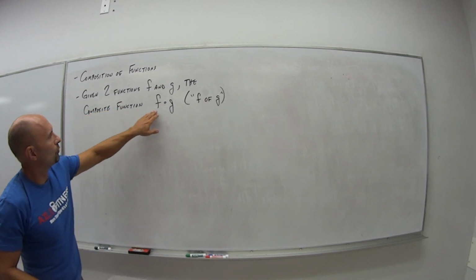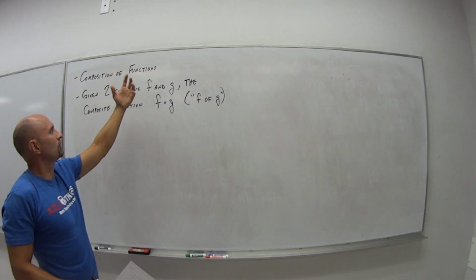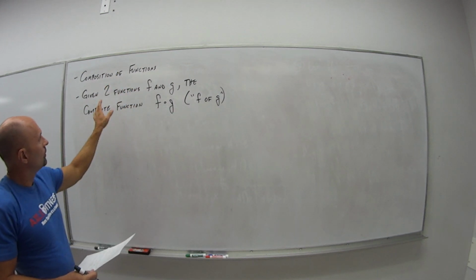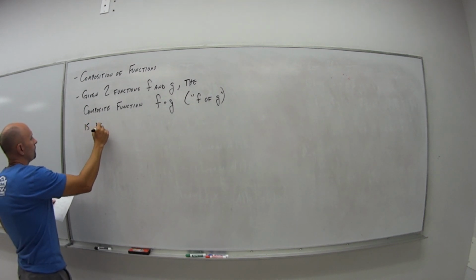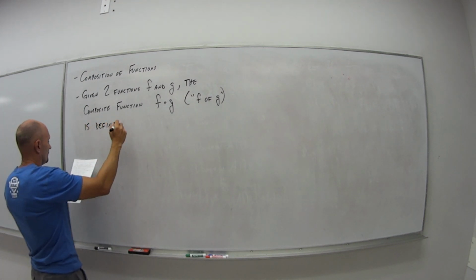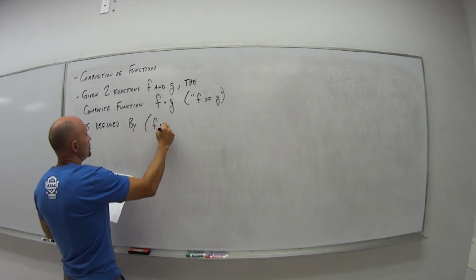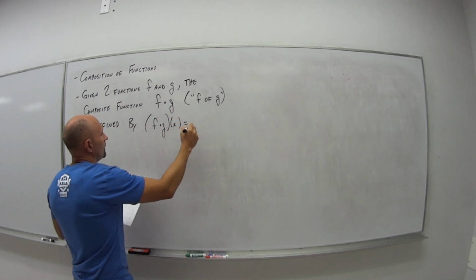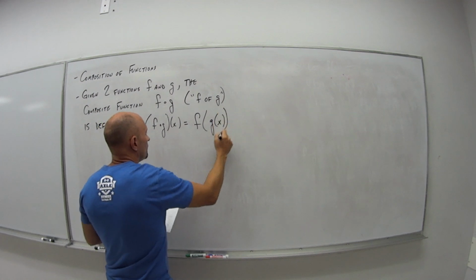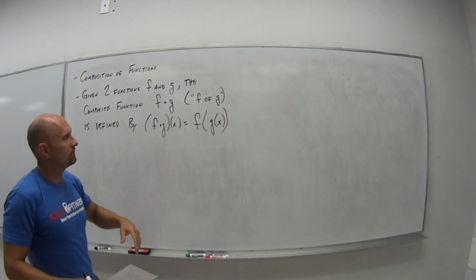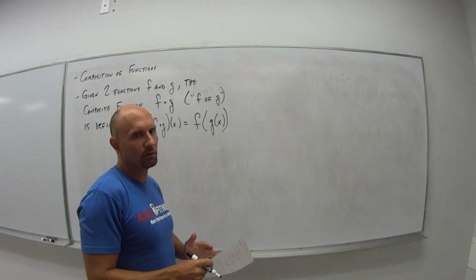So when we see this notation, f with a little circle g, it means the composite function. The composite function f of g is defined by f of g of x, which is, as it sounds, f of g of x. So we take the g function, we plug it into the f function and simplify it.